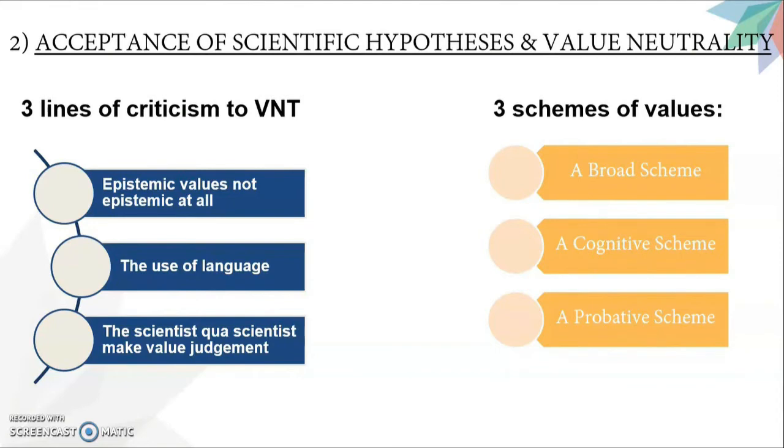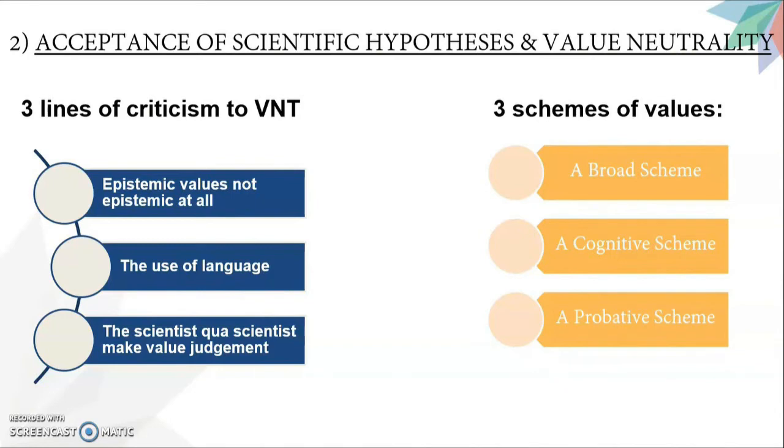There is an American philosopher named Isaac Levi. He tried to challenge the value neutrality thesis, and he created an alternative argument with three schemes of values, which are: first, a broad scheme, which means the set of commitments around which someone's life is organized, such as personal goals or personal ideals.